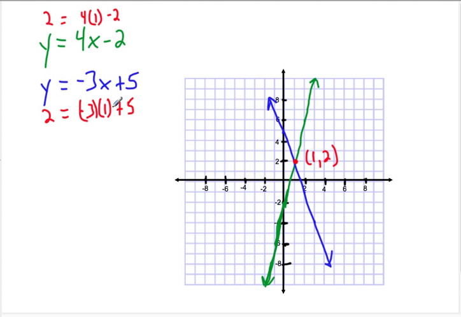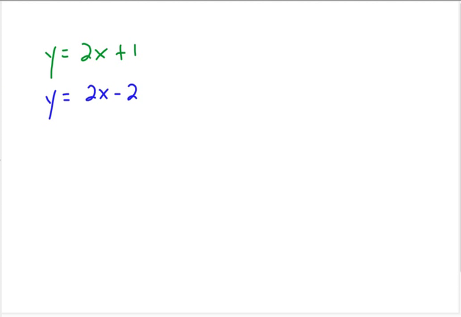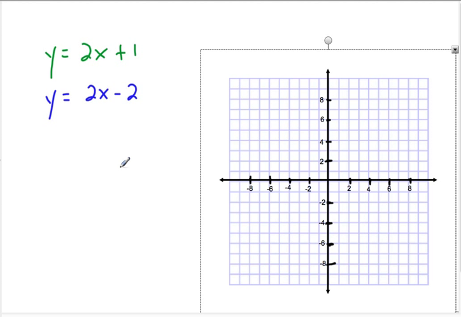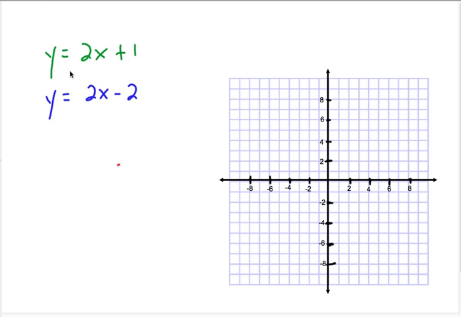Okay. Let's go into one more example here. Oops, I forgot to pull a grid out. There we go. So for the green one, y equals 2x plus 1, y-intercept at 1, sloping up 2 over 1, or down to the left 1.